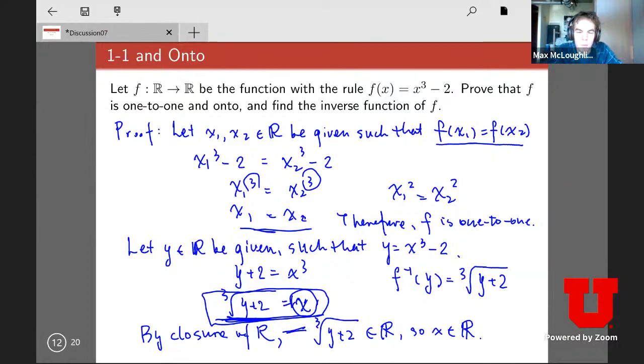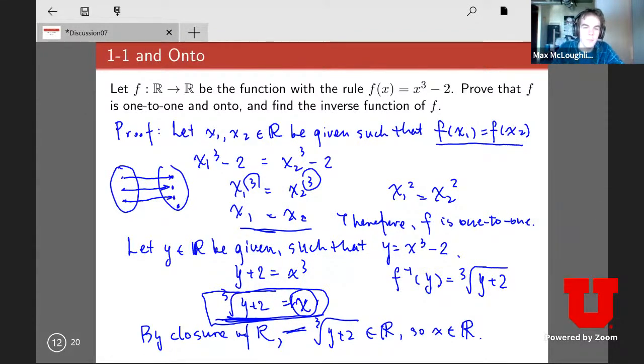Does a function being one-to-one imply that it is onto? No, it does not, because we can have functions like this, right? If this is the domain and this is the codomain, we can have something that looks like this. We have 4 elements in the codomain, and we have 3 in the domain.